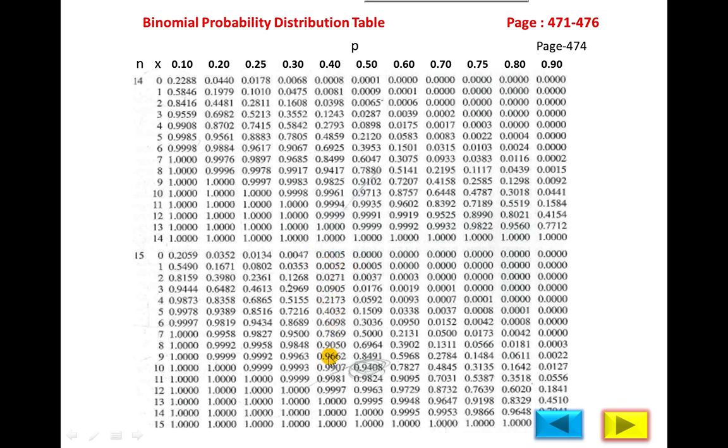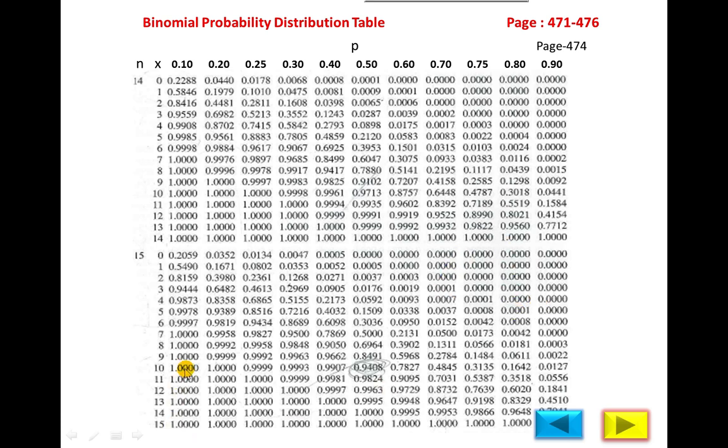You can observe from the last values, you know that the sum of the probabilities is always equal to 1. So the maximum probability is 1, which indicates this is the sum of the probabilities. And if the value of the probability is 1, the next value will always be equal to 1. If the minimum value is 0, the previous value will be equal to 0 because you know that the minimum probability is 0.